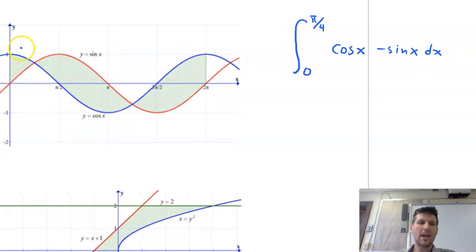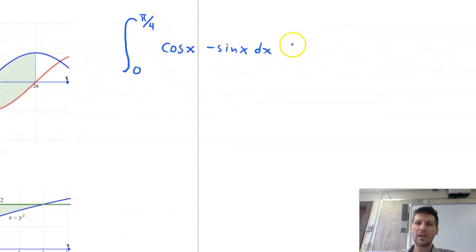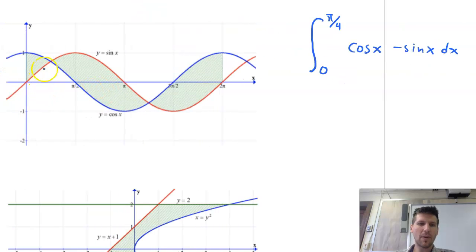But we need to then add the next portion. For the next portion, from pi over 4, where this one ended, all the way until, well, this is pi, this is 3 pi over 2, so this x value would be 5 pi over 4, just a quarter more pi than a whole pi.